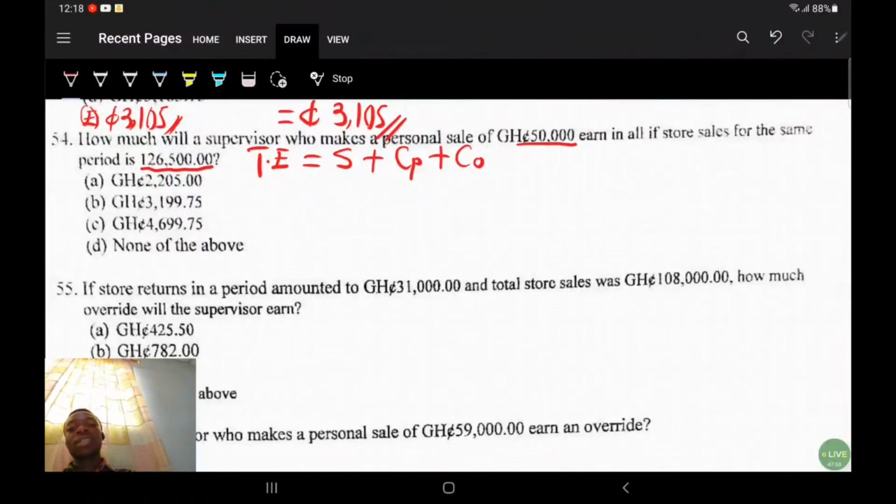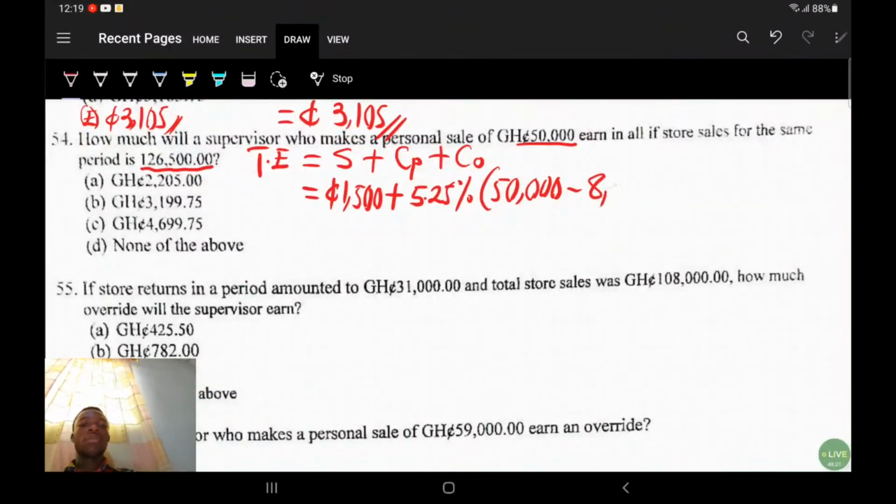So in this case, realize that a supervisor earns a salary of 1,500. So it's going to be 1,500 plus his personal commission. His total sales was 50,000, which is the same thing as the maximum quota. So straight away we can say that it's 5.25% multiplying 50,000 and then subtract the minimum quota of 8,000. Whatever you're going to level, you apply 5.25% on it.